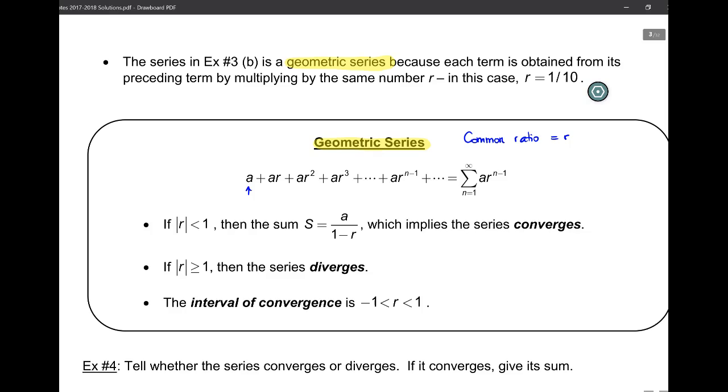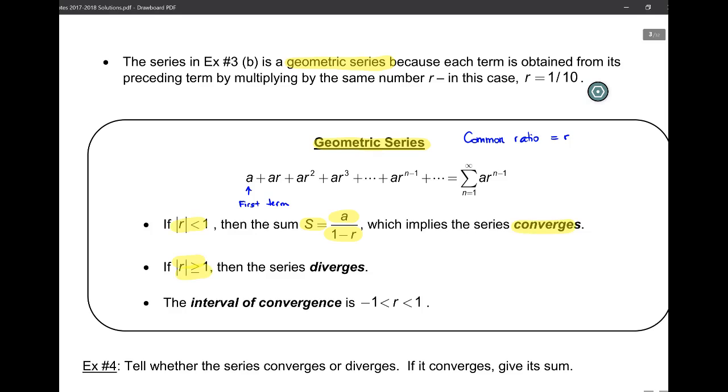A is what we consider our first term. And one of the things you may remember from pre-calculus, if the absolute value of that common ratio is less than 1, then we have the sum. This is something that we need to remember. The sum is equal to a over 1 minus r. And if that's the case, then we know it converges.